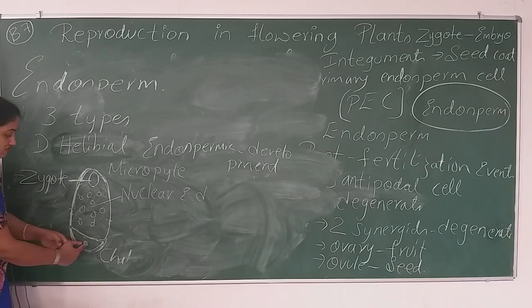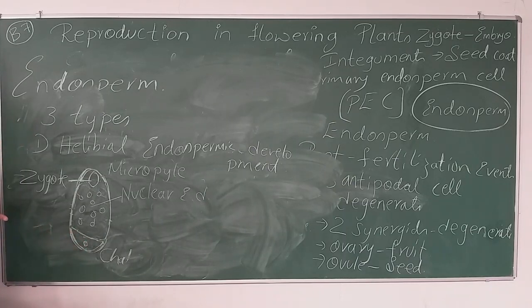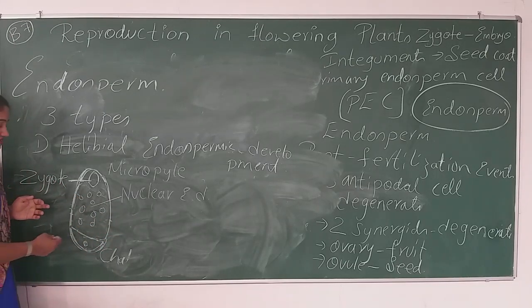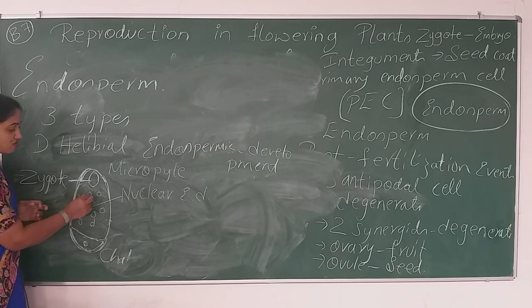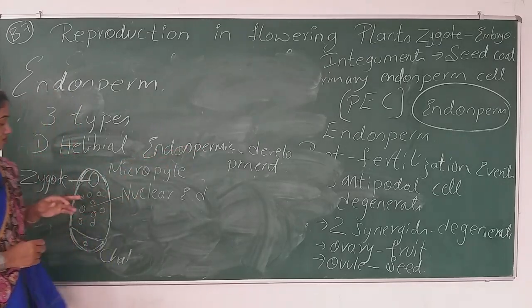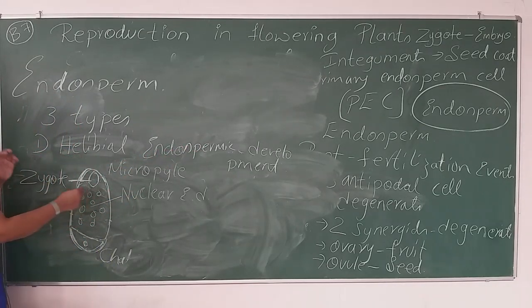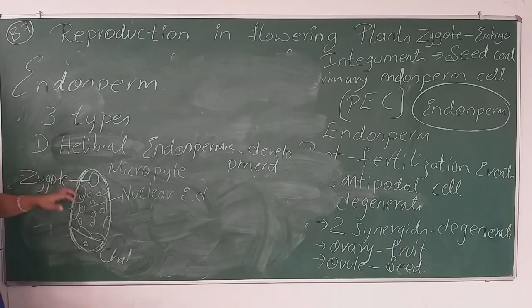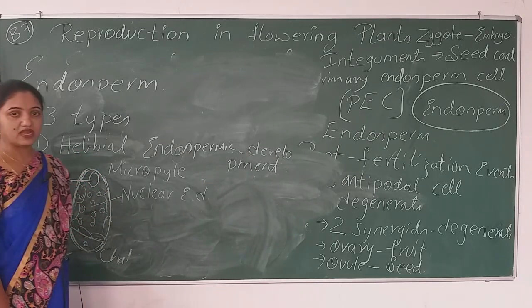It means after a division of the nucleus, cytokinesis occurs, and then it keeps on taking divisions. I told you about the free nuclear type of endospermic development. After a certain time, at the peripheral part cell walls form. So this is all about the helobial endospermic development.